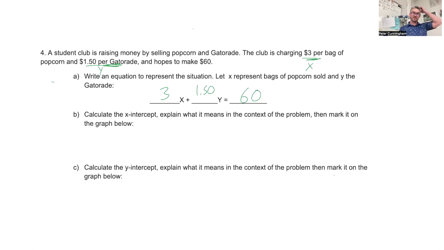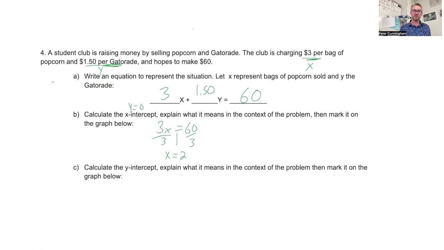Calculate the x-intercept, that is y equals 0, right? So that's saying if I had 3x equals 60, that is that equation without any y's, and you divide it by 3, I would get x equals 20. It says, what does this mean?